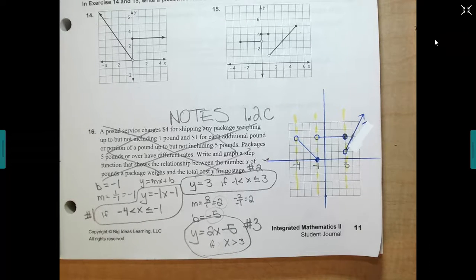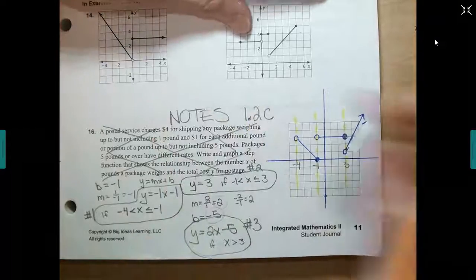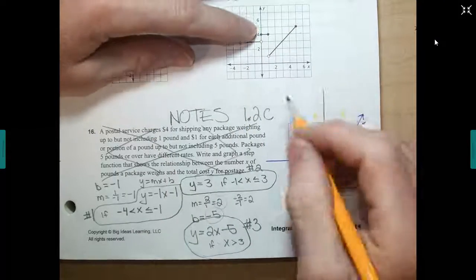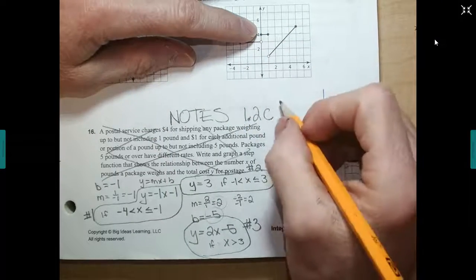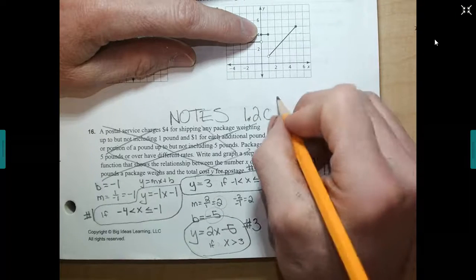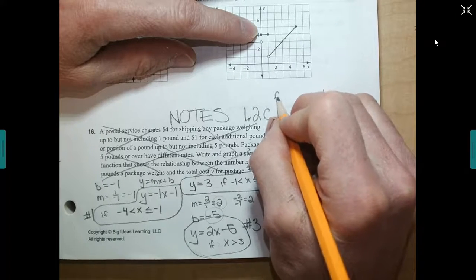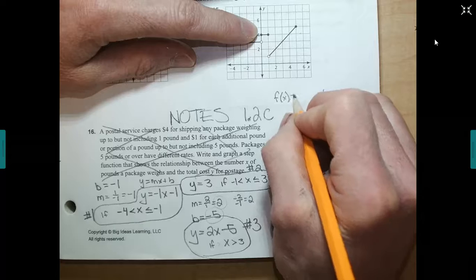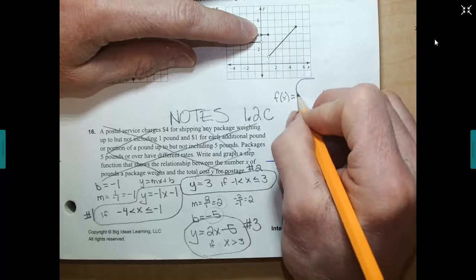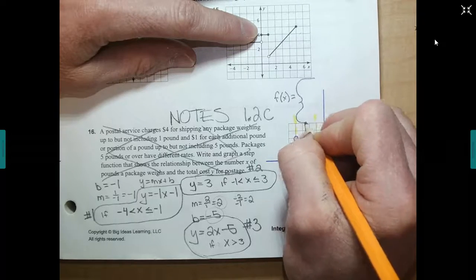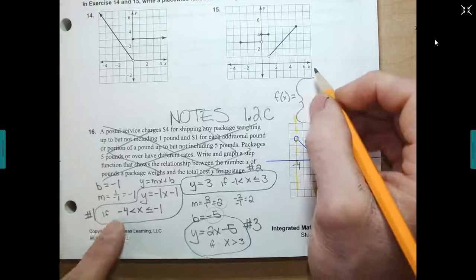Now I'd like to write it as a normal function. I'd like to write it as a piecewise function. Let's see if I have enough room here. So f of x equals, start off with number 1.